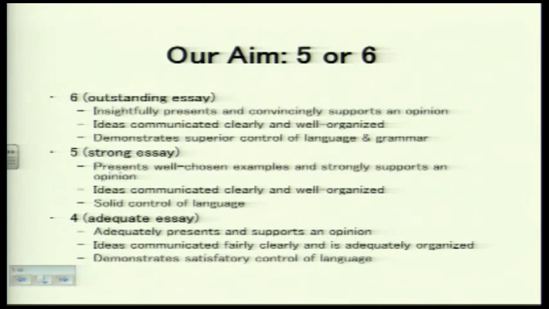For a score of 6, you need to give an insightful presentation and convincing support for the argument. For 5, you have to present a well-chosen example and strong support of your opinion. But for 4, it adequately presents and supports an opinion.